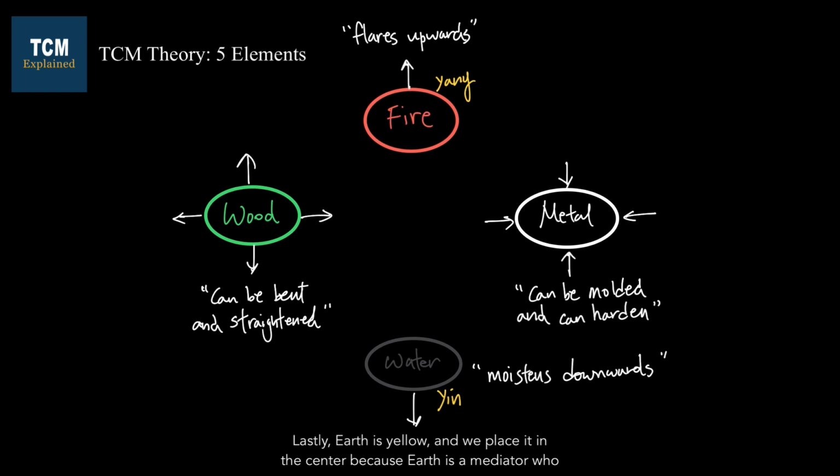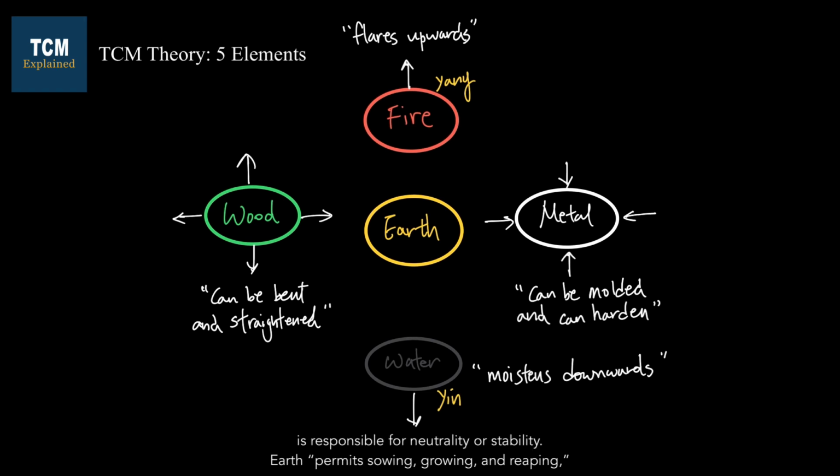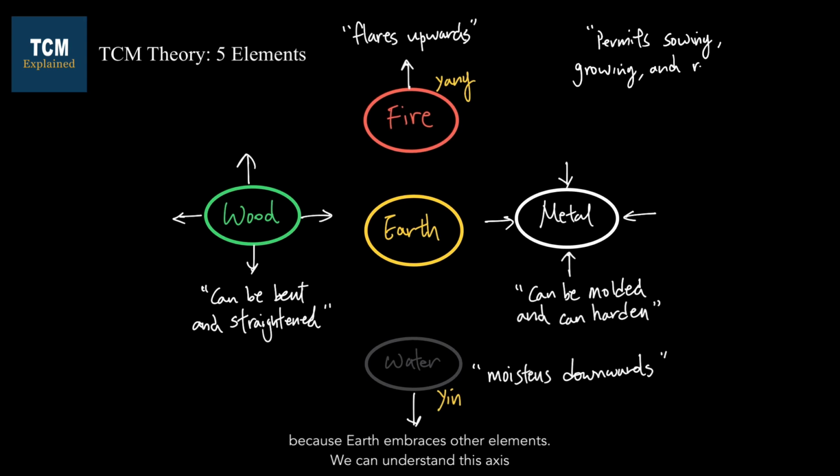Lastly, earth is yellow, and we place it in the center because earth is a mediator who is responsible for neutrality or stability. Earth permits sowing, growing, and reaping, because earth embraces other elements.